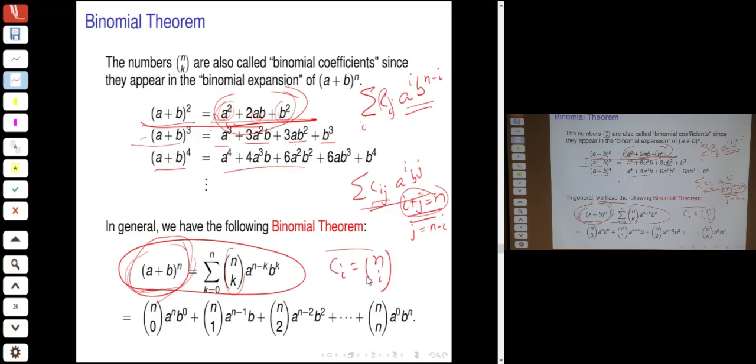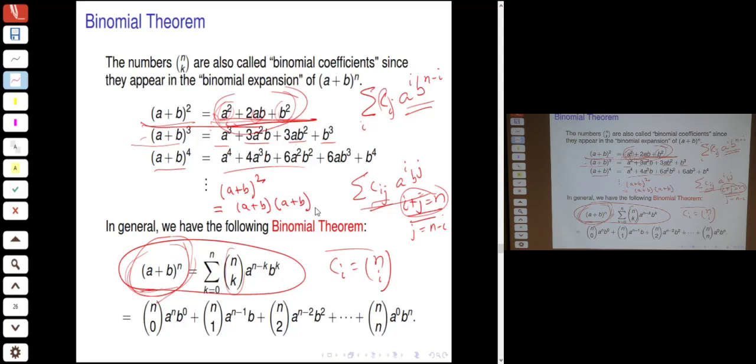So let's take a simple example for warm up. So this is (a plus b) whole square. Of course we know that a square plus 2ab plus b square is the answer, but let's try to reason about why that should be the case. So let's write (a plus b) whole square as (a plus b) times (a plus b).